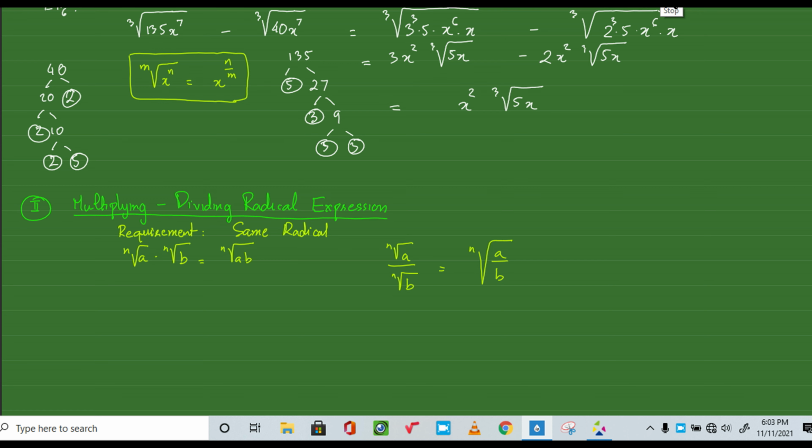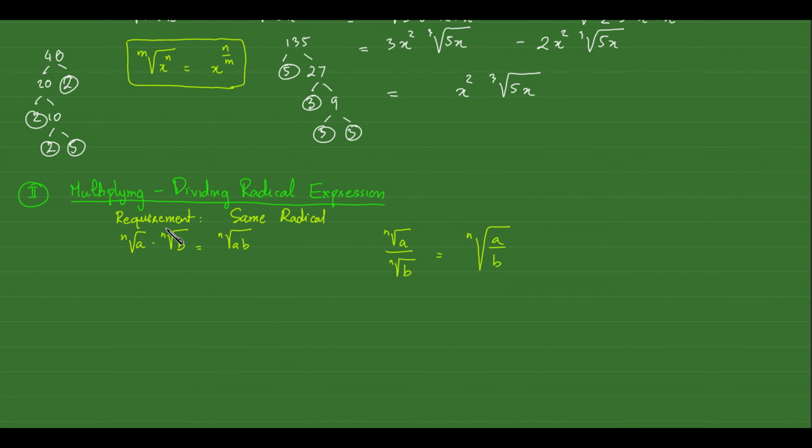Let's start with our first example. Now let's start with something simple first, something like this. Example number 1. I have two radical expressions: 6 square root of 2 times 3 square root of 10.